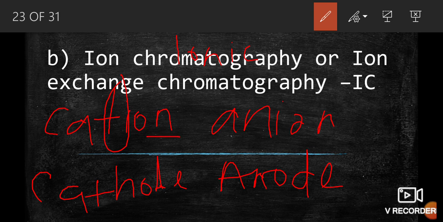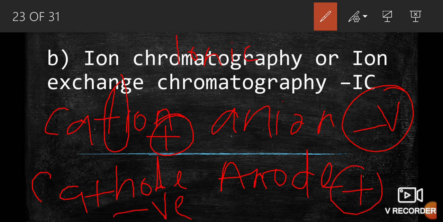So cations are positive, anions are negative, whereas the cathode is negatively charged and the anode is positive. The cations will go and bind to the cathode, and the anions will go and bind to the anode. Based on this phenomenon, in ion chromatography you have the anionic exchanger as well as the cationic exchanger.